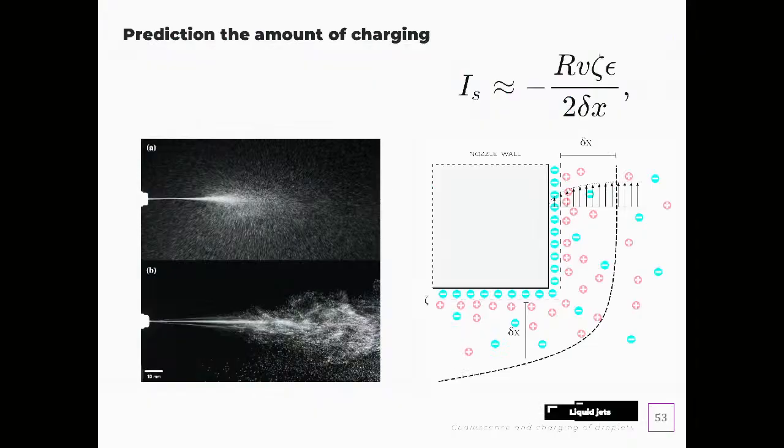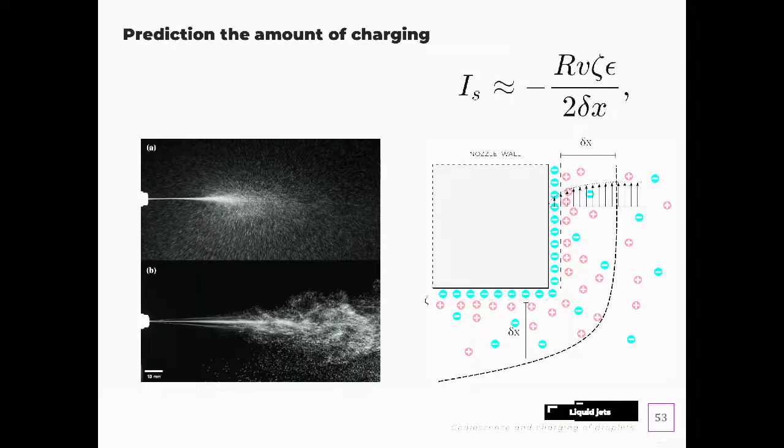We would of course like to understand how this works. One way of thinking about it is the nozzle wall has some charge. The water has protons and OH minus ions in it. And so if the nozzle wall is charged negatively, protons will be preferentially near the wall.